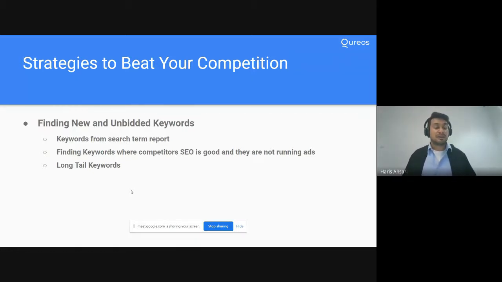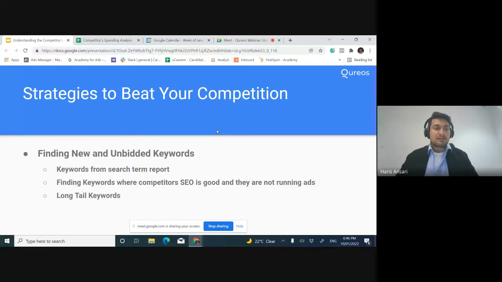It's very hard to imagine different people searching different things, but that's what the facts say. So we should always be hunting for new keywords, and keywords which are not being used by our competitors. The number one tool for that is the search term report.